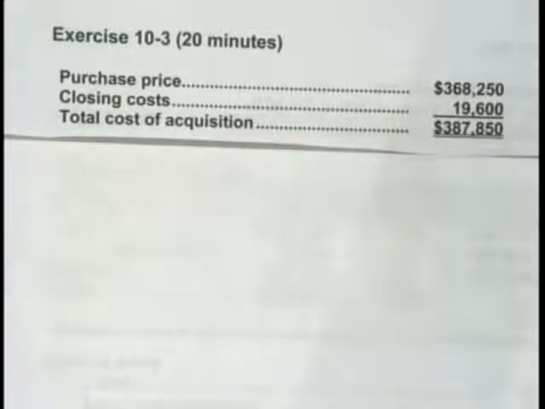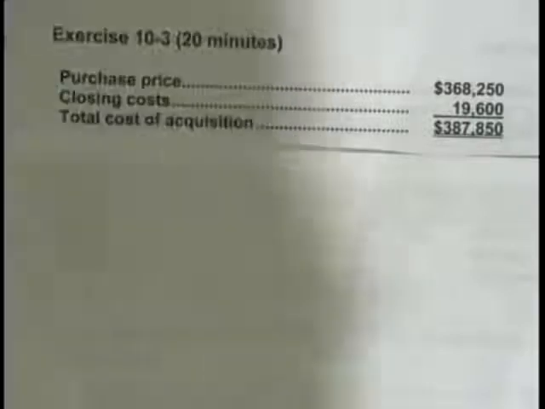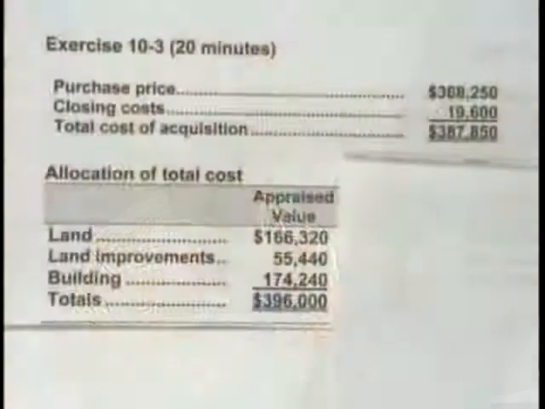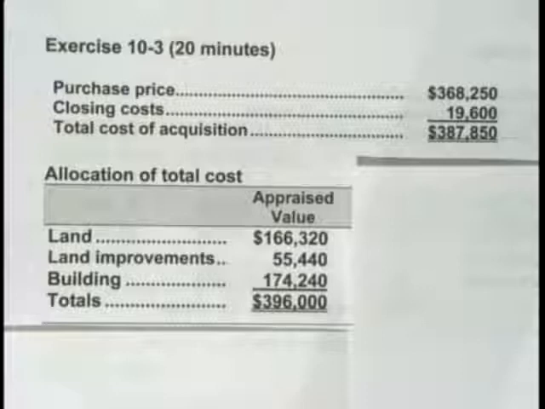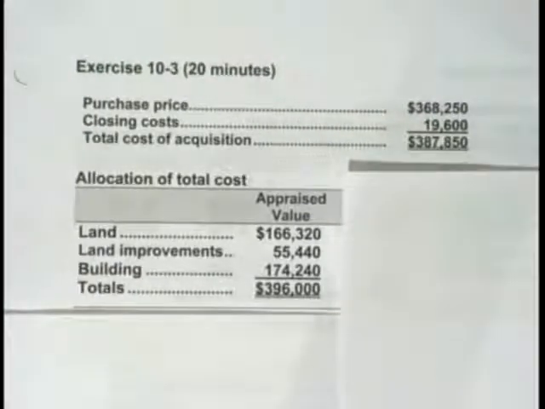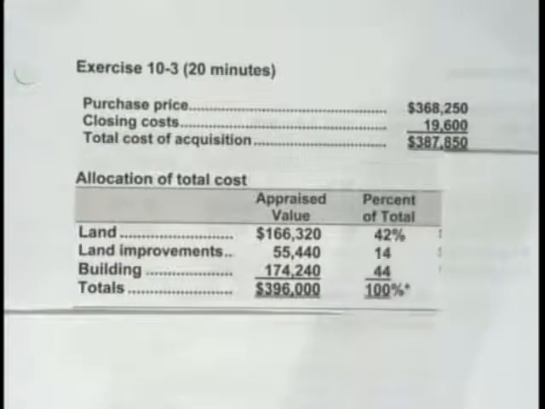So that's the total purchase price of it. Now, we want to utilize the appraised values to allocate, don't we? So, the appraised values for land, improvements, and buildings are thus. Correct? Okay.